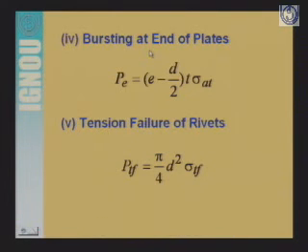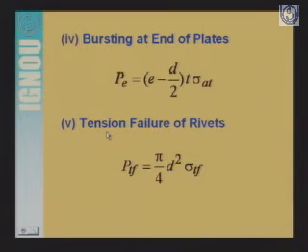Next is bursting at end of plate, and the strength in this case we can calculate as Pe equal to (e minus d by 2) into t into sigma at, where e is the edge distance. Rest you know.